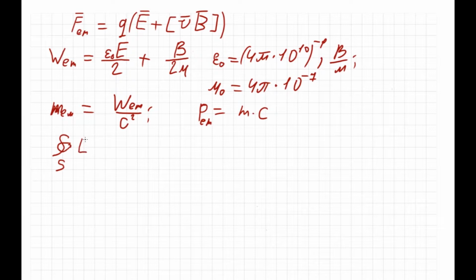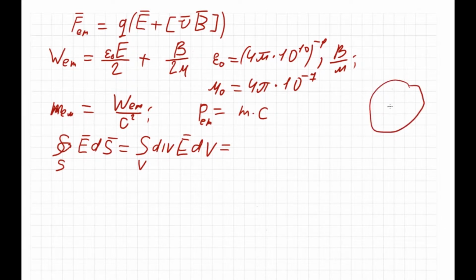Let the electric field be a vector value, d S vector equals integral by volume of divergence of electric field d volume, which equals the full charge in the rounded surface.